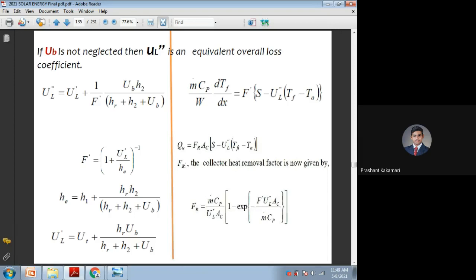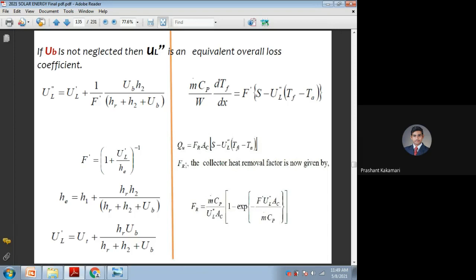The collector efficiency factor represents the ratio of actual useful heat gain rate to the gain which would occur if the collector absorber plate were at the local fluid temperature.